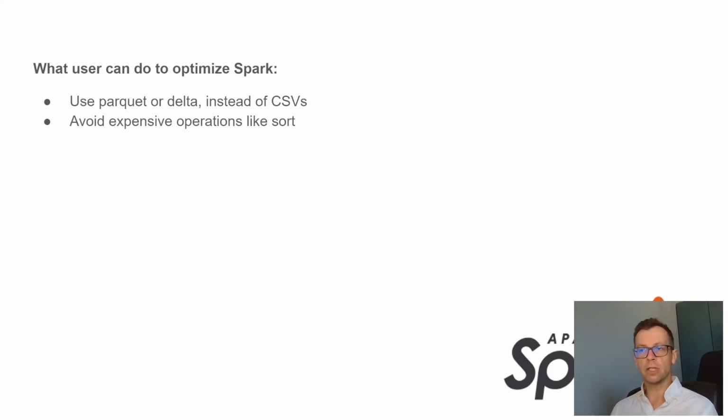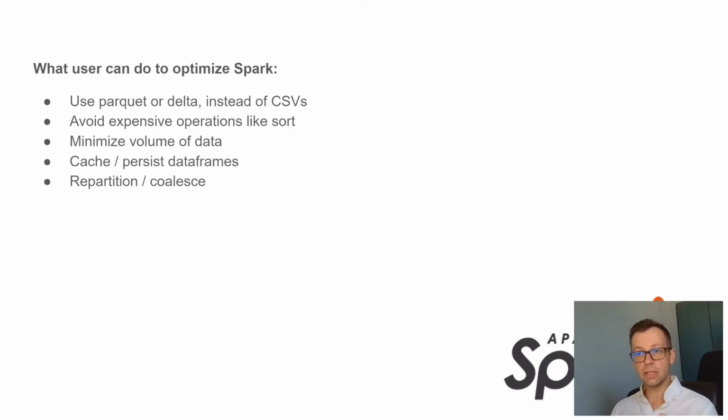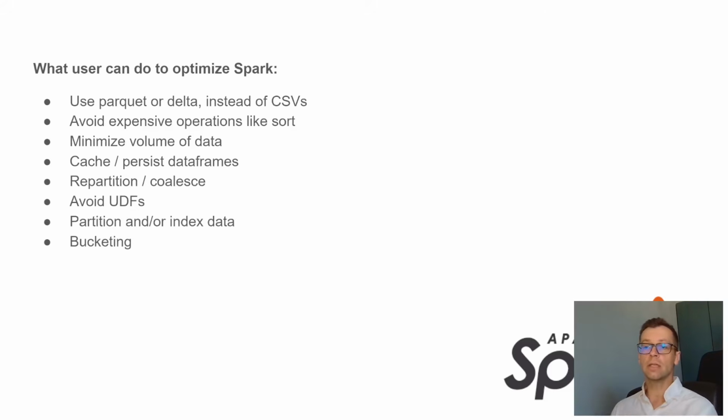Avoiding expensive operations like sort, which we already know generates massive data shuffling. Minimizing volume of data, caching data frames, repartitioning, avoiding something called user-defined functions. Again, a separate movie about that will come. Partitioning or indexing data, bucketing, optimizing the cluster itself, and so many more things, which we will discuss in detail.